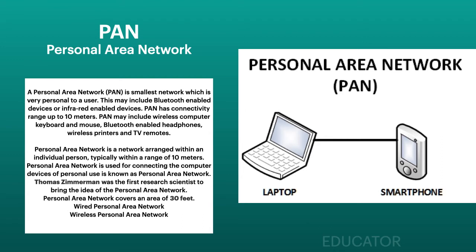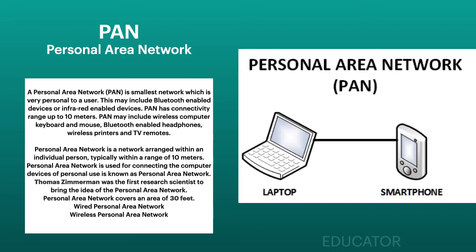Okay, the first kind of network is very simple, one we use daily in our rooms and offices. It is very personal, like our Bluetooth system, and its range is up to 10 meters.